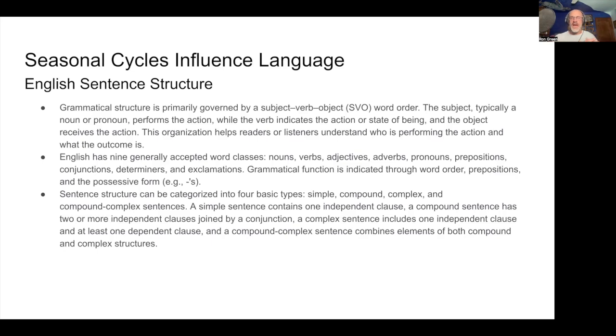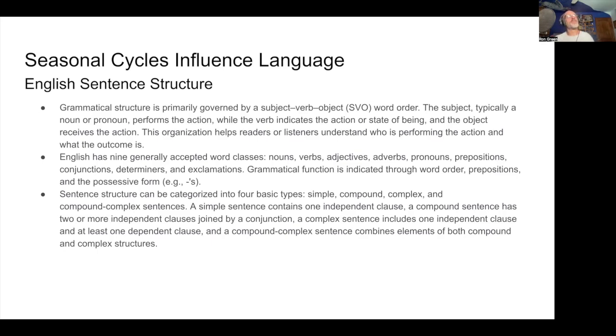English also has 9 generally accepted word classes: nouns, verbs, adjectives, adverbs, pronouns, prepositions, conjunctions, determinatives, and exclamations. The grammatical function is indicated through the word order, the prepositions, and the possessive form, right? With the apostrophe S or an irregular possessive.